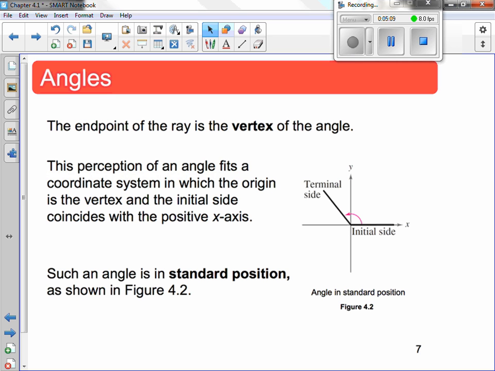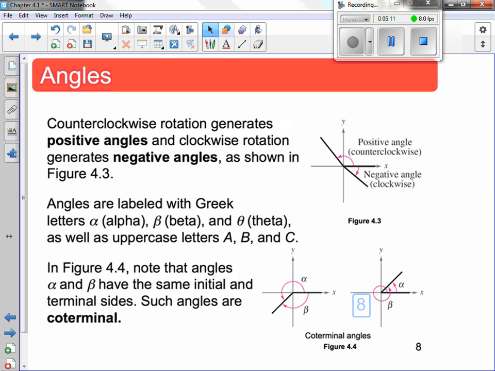Initial, terminal. Now, counterclockwise is positive. Clockwise is negative. So if we talk about a rotation or an angle being positive, sorry, positive is going to be counterclockwise, negative is clockwise.